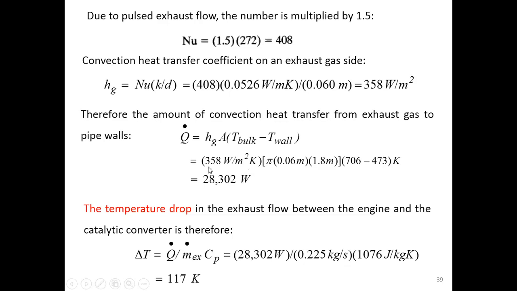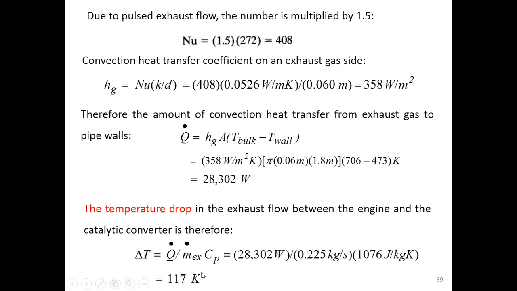So this is the amount of heat that is convected from the exhaust gas to the pipe wall. And then we use this amount of heat to calculate the temperature drop in the exhaust flow between the engine and the catalytic converter.